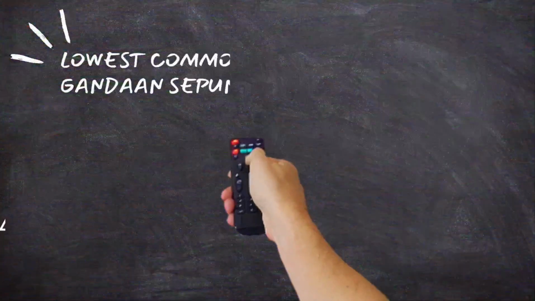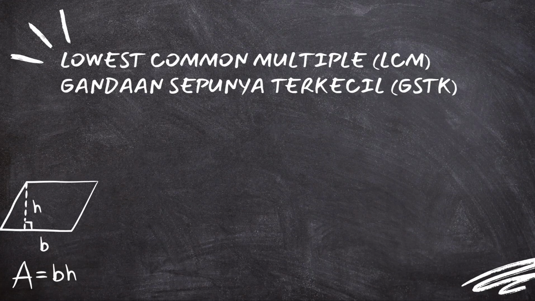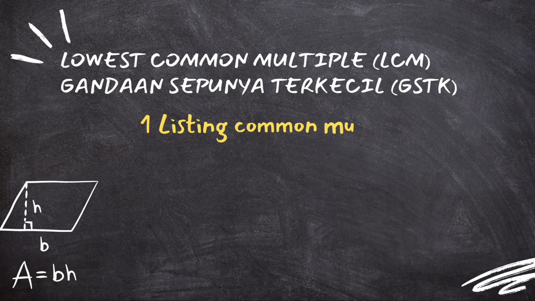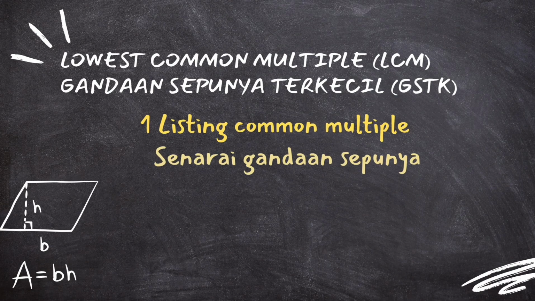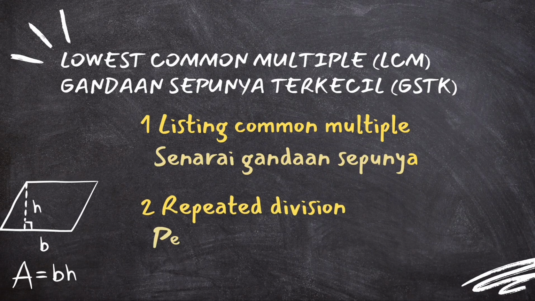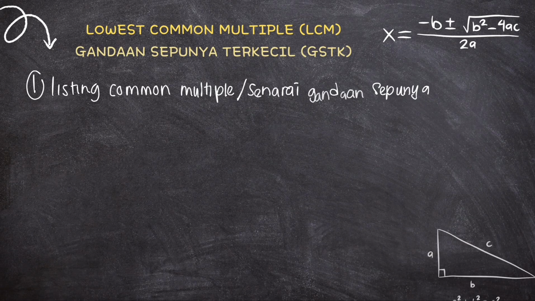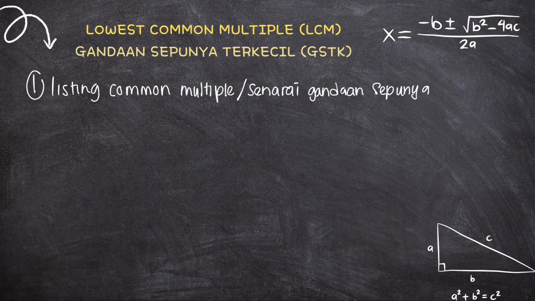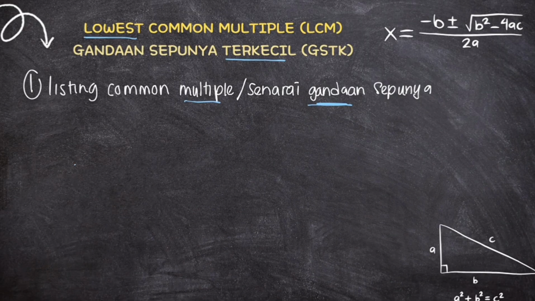Okay, let's change the channel to lowest common multiple LCM, Gandaan Sepunya TerKecil, GSTK. To determine the LCM, we also have two methods: listing common multiple, senarai gandaan sepunya, and second one, repeated division, pembahagian berulang. For the first method, listing common multiple is the same as the previous one, but this is multiples, not factors.